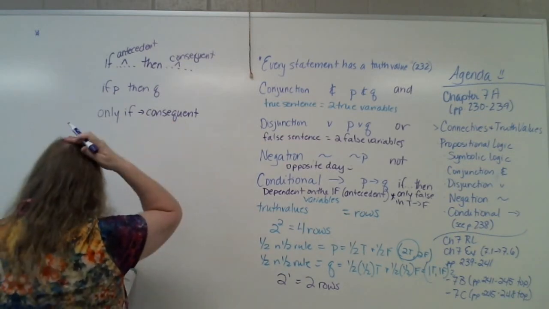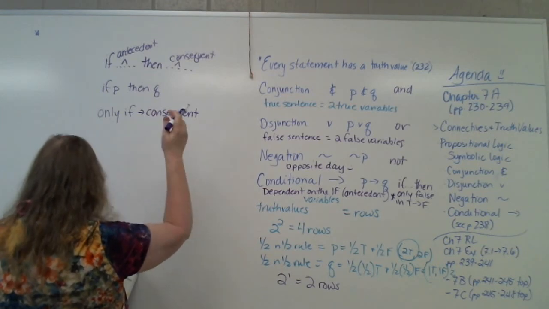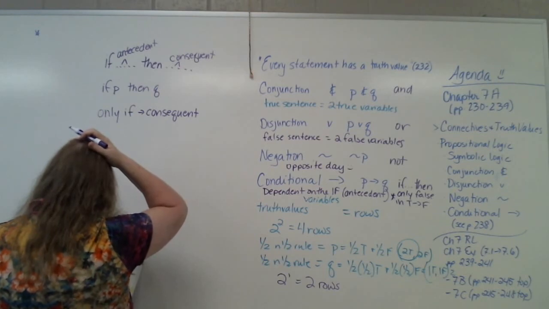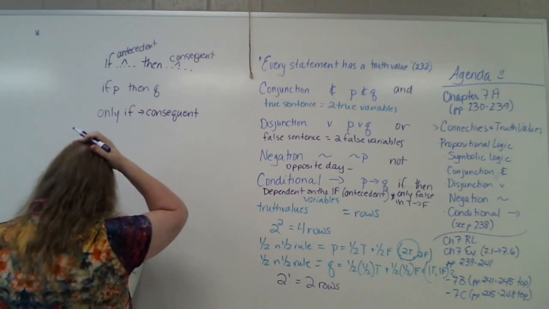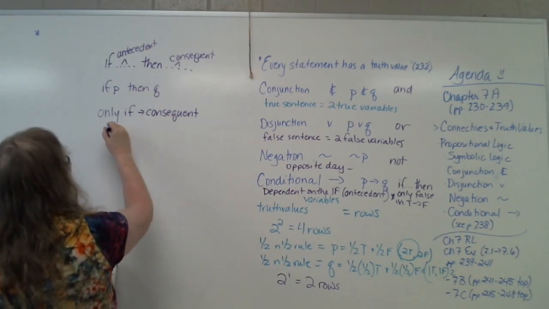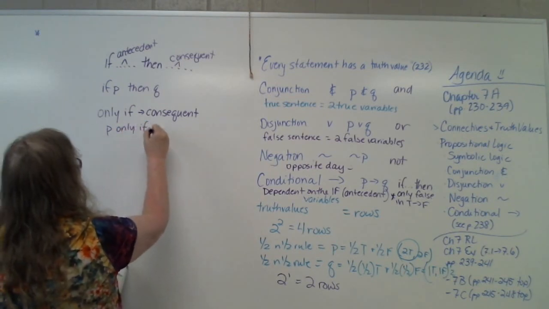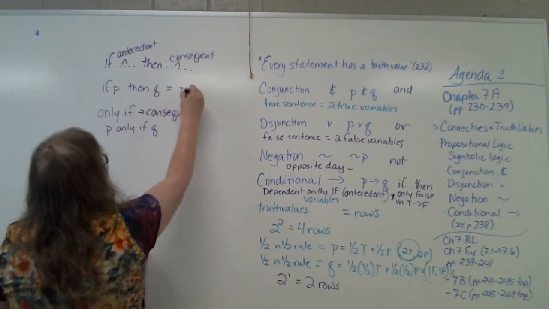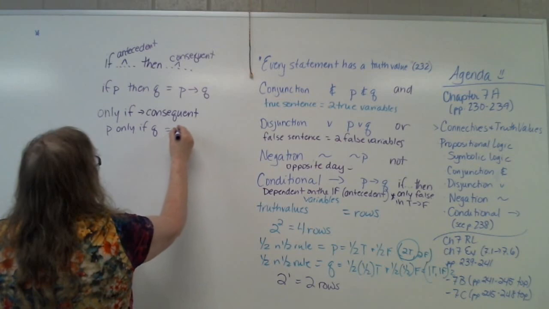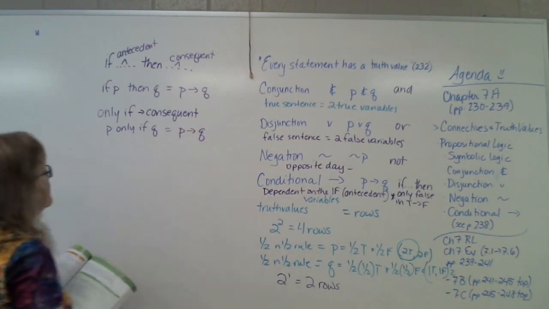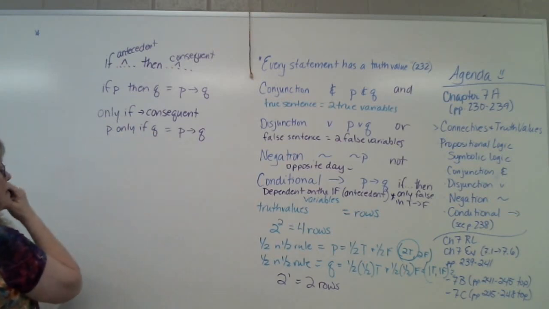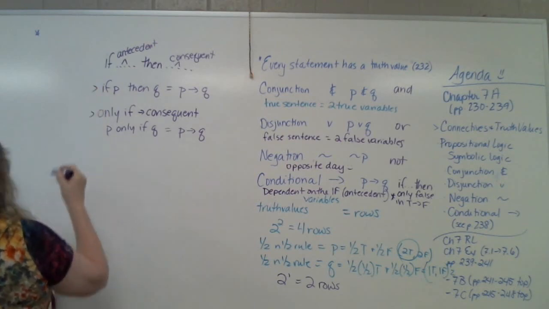So if you have P only if Q, okay, P only if Q, we're going to do it like this, okay, so you have that up there. P only if Q. Consequent, okay, so it's if P then Q. So if you find an if in the middle, make sure it's not an only if, because that flips things a bit.